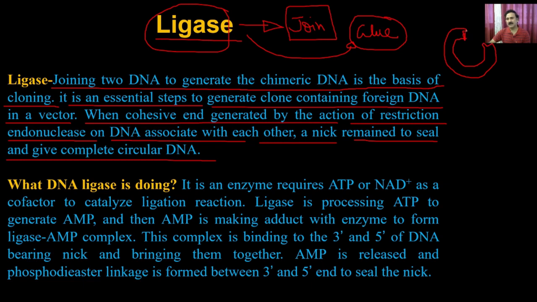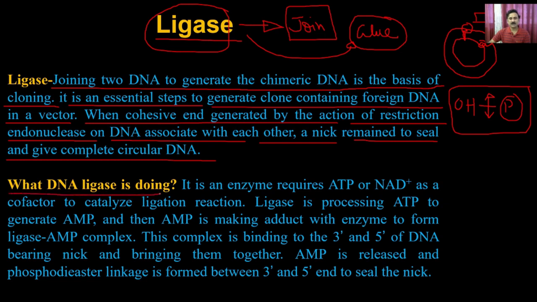You put in the foreign DNA, but on both sides there will be a small gap, a gap between the OH of one DNA and the phosphate on the other. So there will be a bond missing between the OH and the phosphate, and this bond formation is the reaction catalyzed by the ligase.